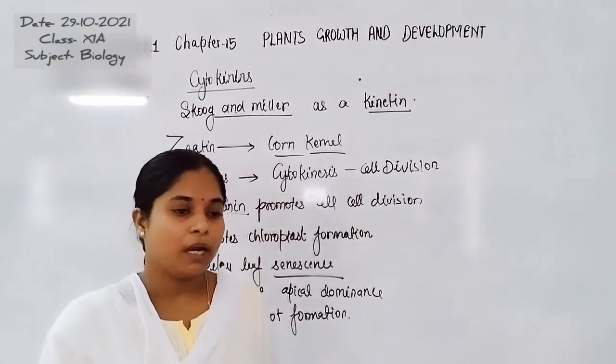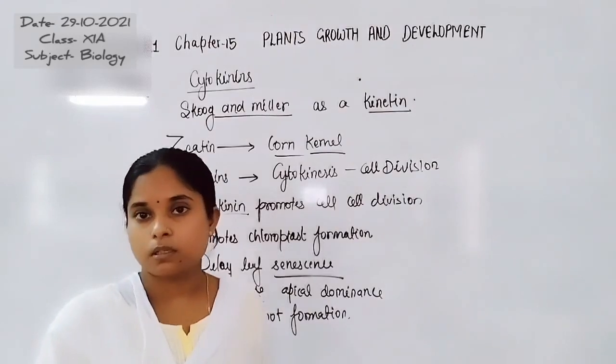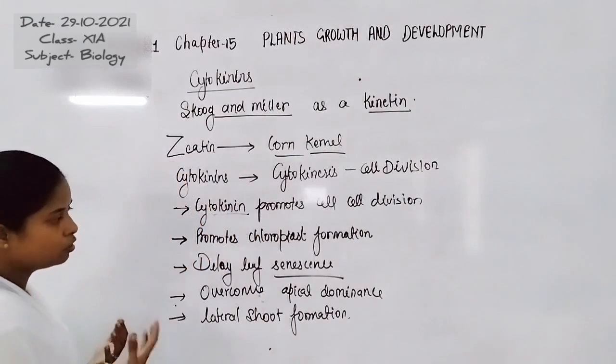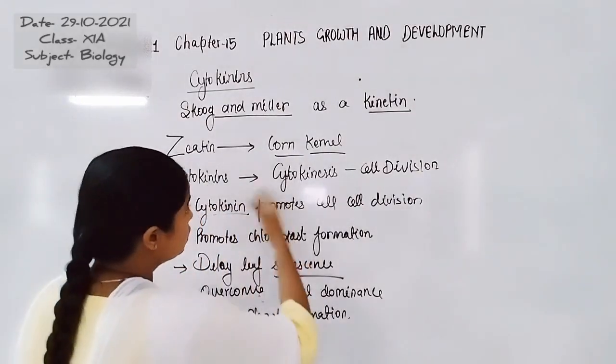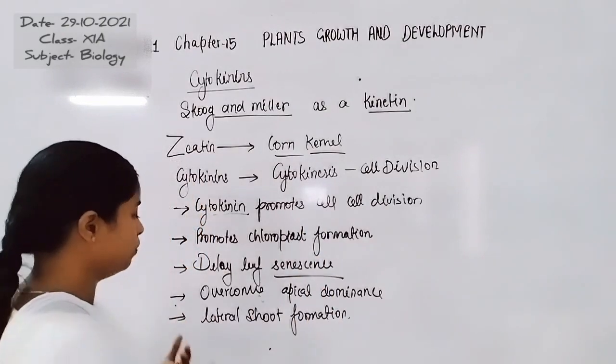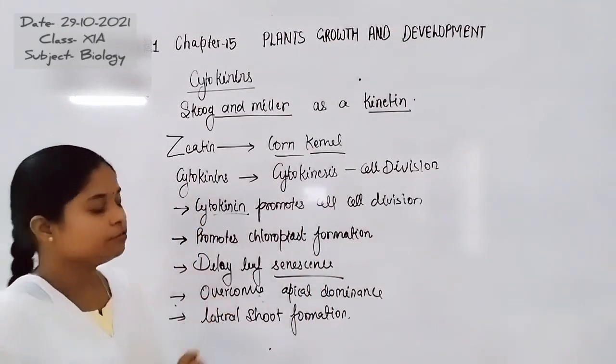That's why the plant itself during unfavorable conditions destroys the chloroplast present in the leaf. So whenever it gets water, the formation of chloroplast is carried out by the cytokinin, because it promotes or signals the formation of chloroplast. Now, they also delay leaf senescence.